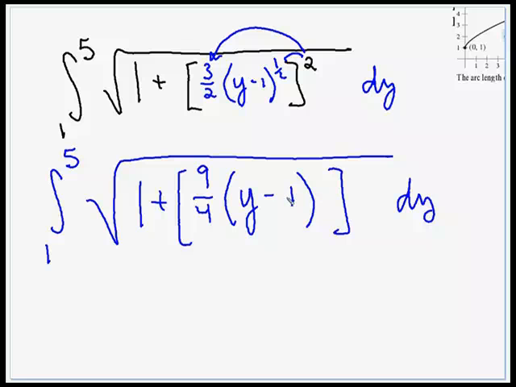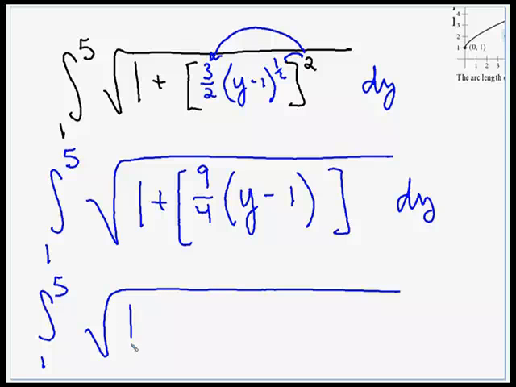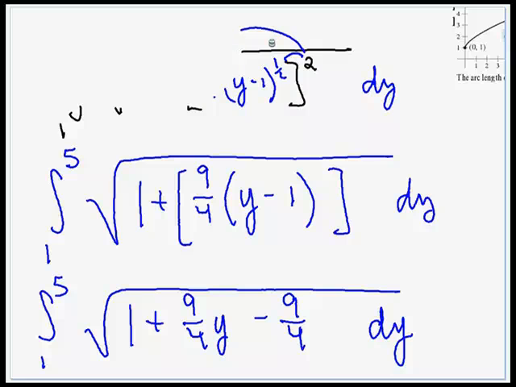So we distribute the 9/4. Integral 1 to 5, 1 plus 9/4 y minus 9/4 dy.